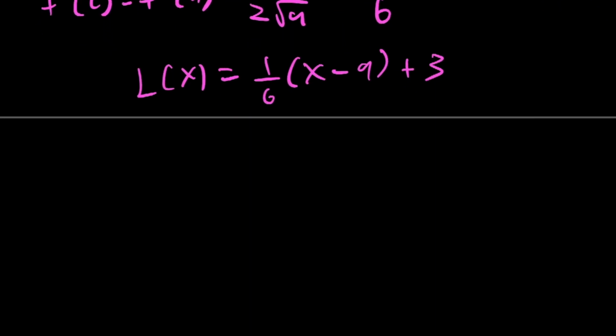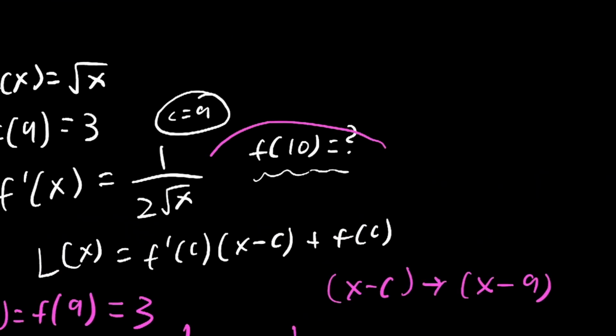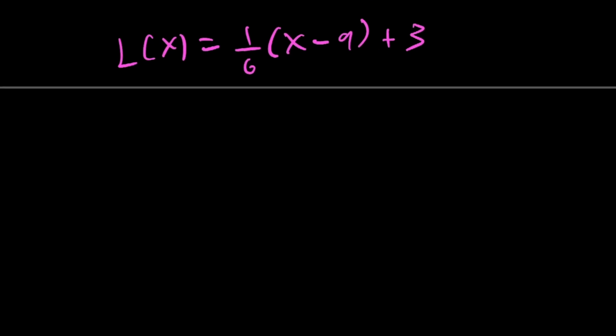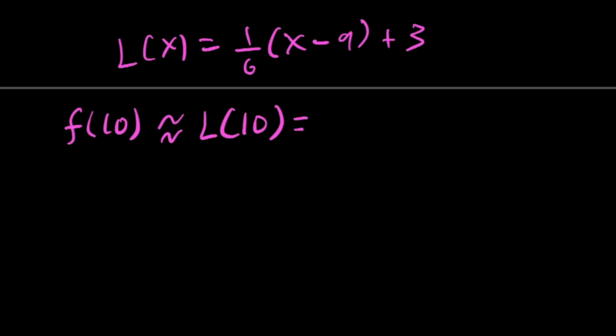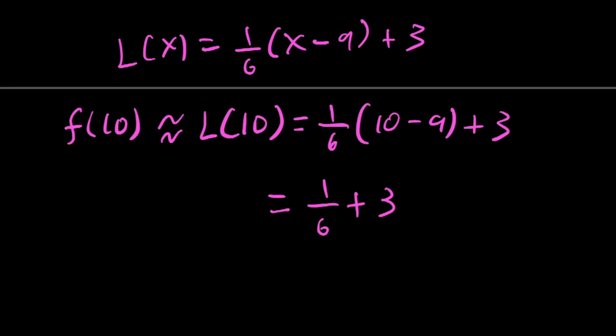Now we're going to plug into this equation the 10 that we want. We're going to approximate 10. So once you have this equation, which tells you the approximation, in the AP Calculus section, especially if it's an FRQ, you would write f of 10 is approximately the linear approximation at 10, which is equal to 1/6 times 10 minus 9 plus 3, which is just equal to 1/6 plus 3, which is equal to 19 over 6.